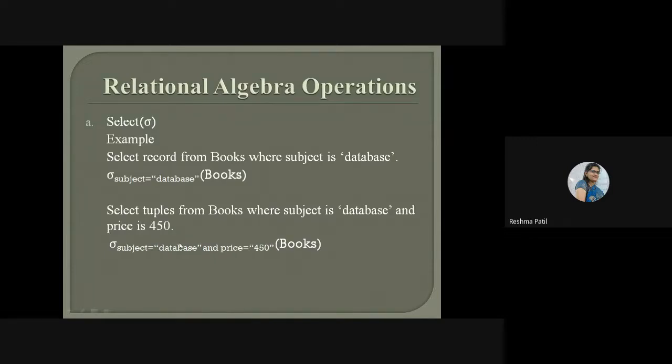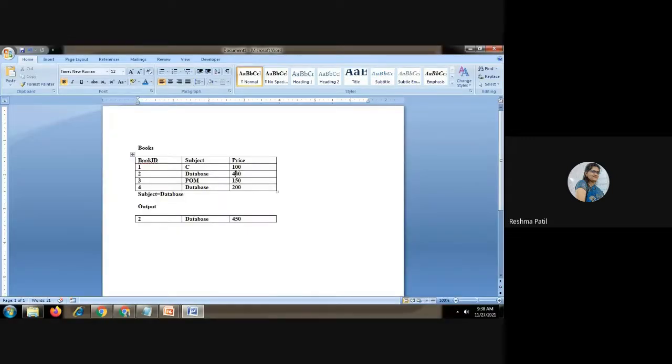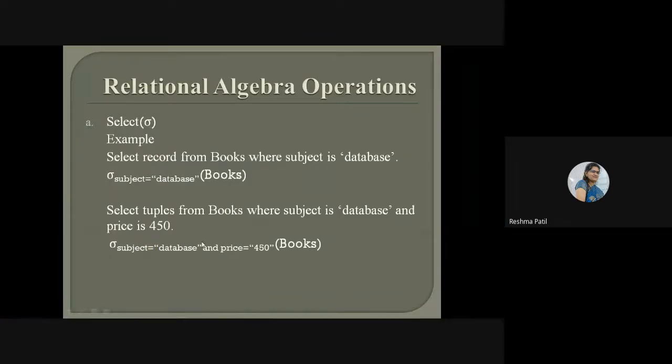And clause, this should be true as well as this should be true. If one is false, it will not show any record. If here 400 is there in this table, then in the output you will not get anything. Blank record you will get. Understood this? Second query.